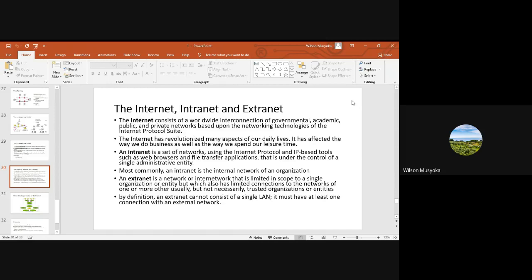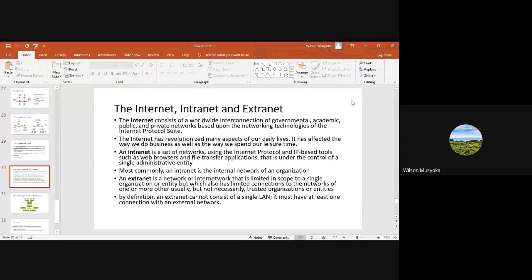So there are three terms here, which I hope you are aware of: the internet, the intranet, and extranet. Very important to note. When you're talking about the internet, it is global connectivity, like we have said.